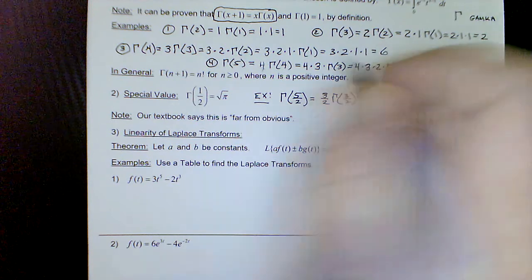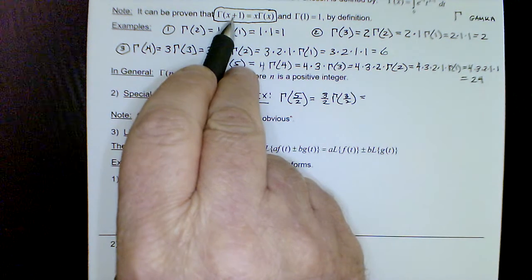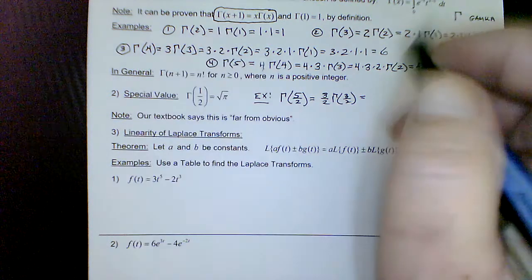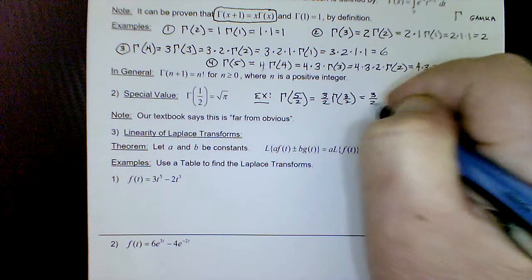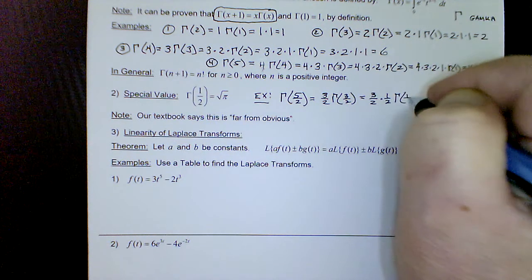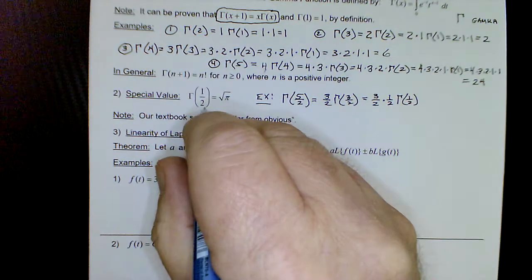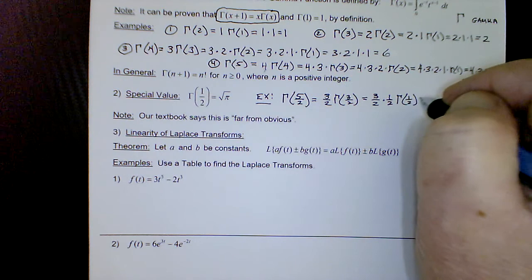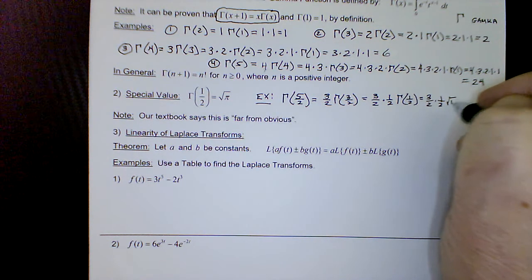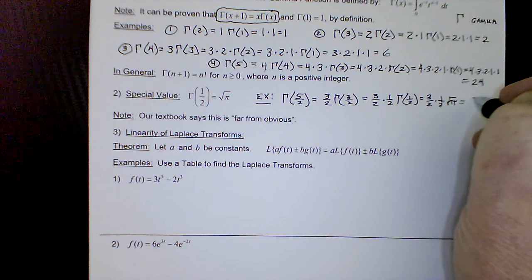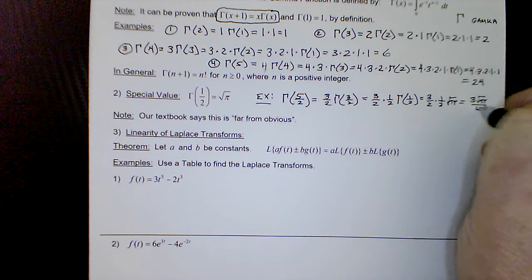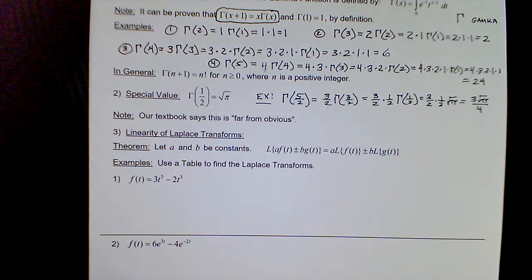But then gamma of 3/2 in our basic definition for gamma of x plus 1 means that x is 1/2. So therefore we'd have 3/2 times 1/2 times gamma of 1/2. But then we use the fact that gamma of 1/2 is the square root of pi. So 3/2 times 1/2 times the square root of pi, or let's just say 3 square roots of pi over 4.